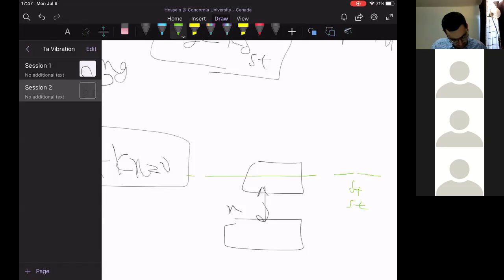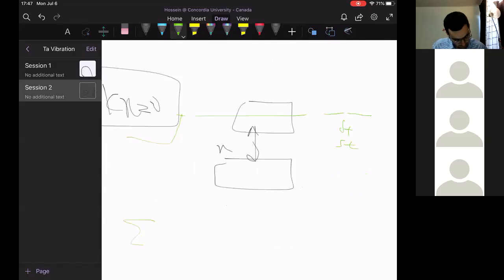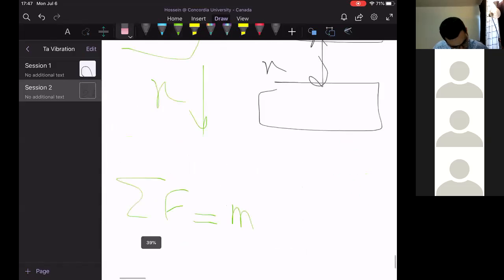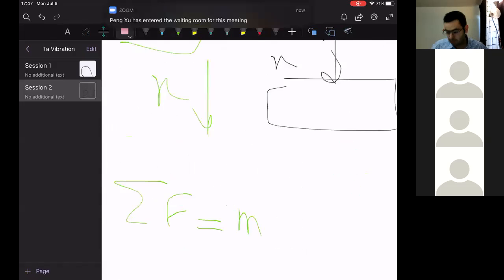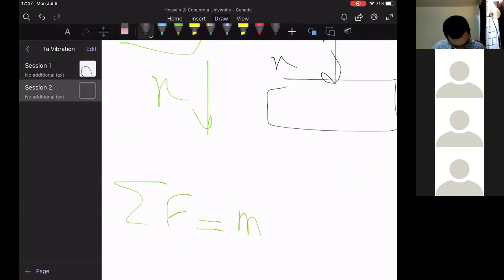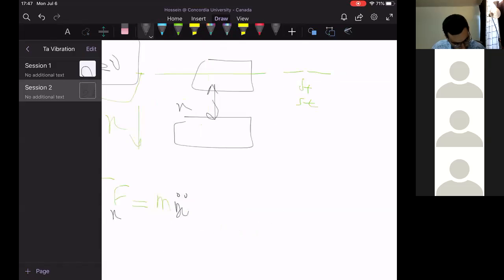And you have the summation of forces applied in the direction of x, m x double dot, which is equal to just minus kx.